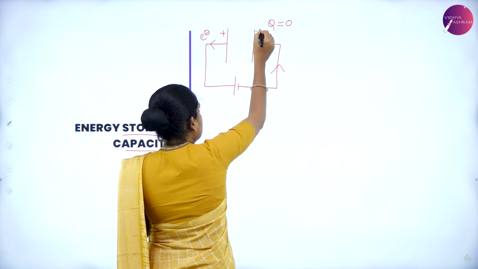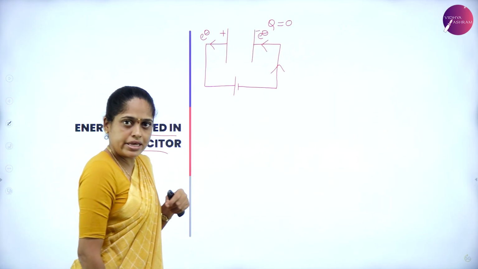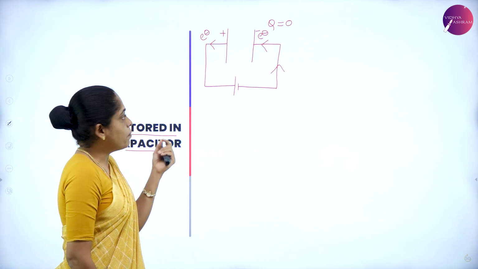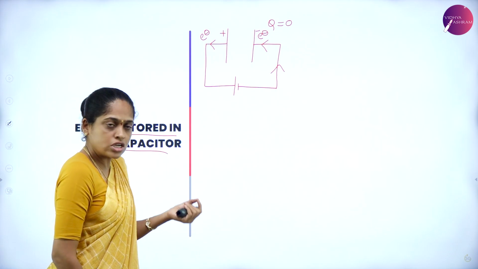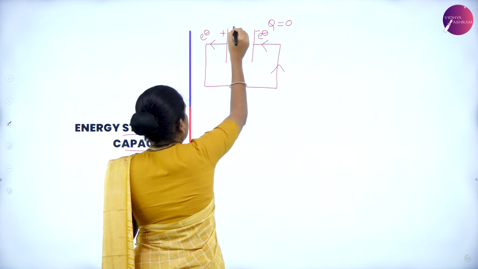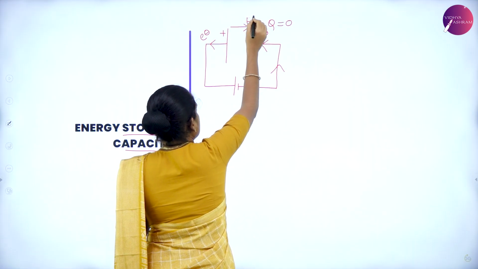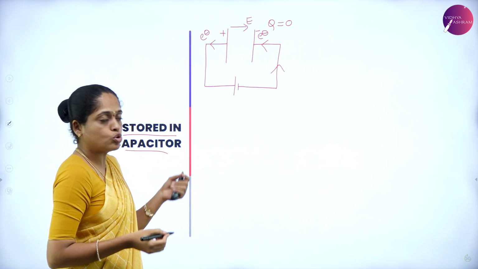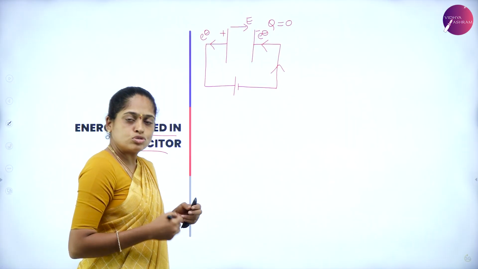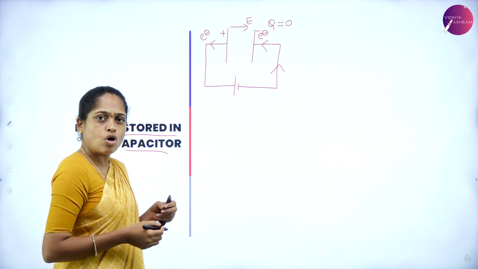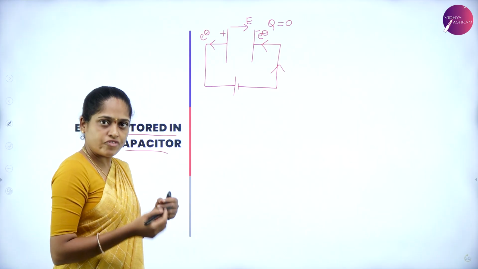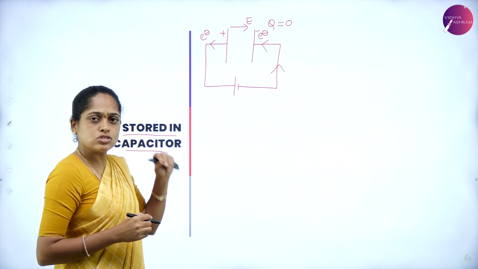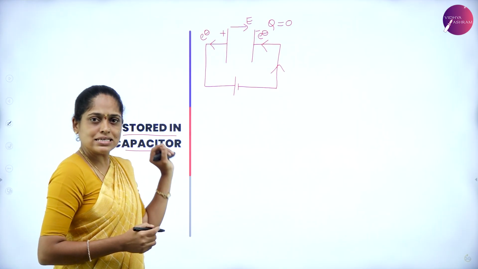Therefore, the second plate becomes negatively charged. Now, the plates have the charge and they develop an electric field. Because of this electric field, the battery has to do work to store the charges or to build the charges further. The battery has to do work against this electric field.